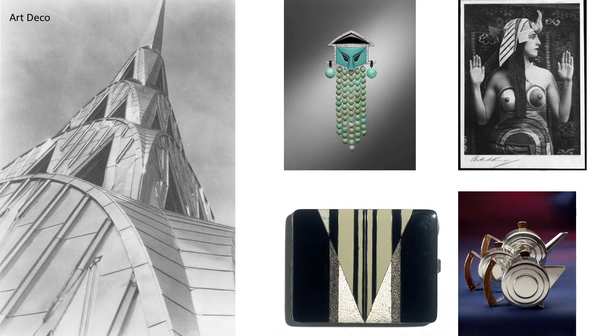Art Deco was visible in all visual media: architecture, product design, graphic design, interior design, fashion, textiles, film, and photography. Just do a quick YouTube search for Art Deco and you'll see an incredible array of people and exhibitions and examples of Art Deco and what it has been perceived to mean.